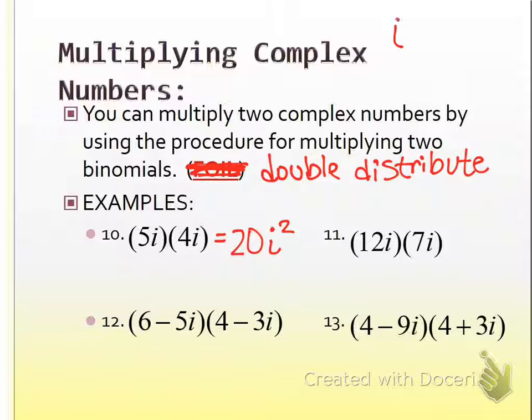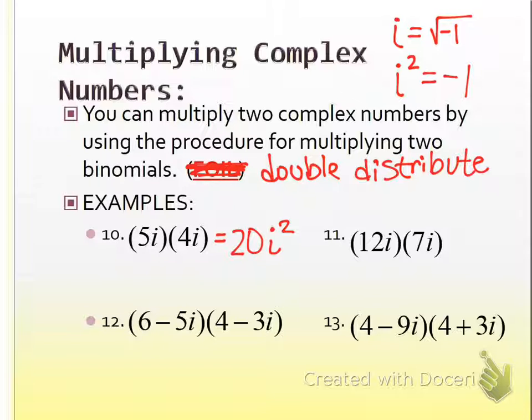Remember in your notes last week, we had that i was equal to the square root of negative 1. Does anyone remember or want to flip back and see what i squared equals? India? Negative 1, without the square root sign. i squared on its own just equals negative 1.